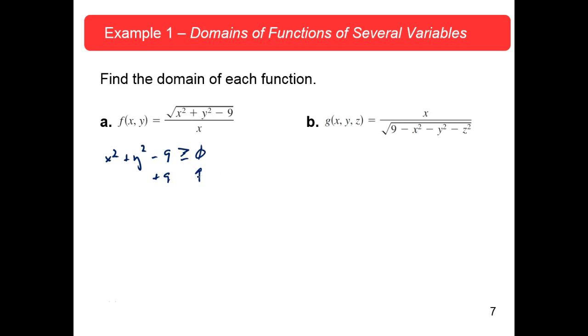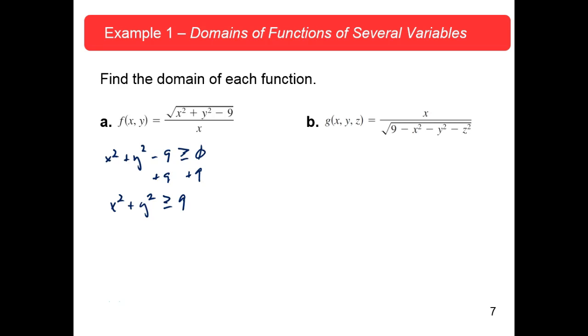I don't know if that's what we want to do, but we can do that. And that would give you x squared plus y squared is greater than or equal to 9. Now, what does that describe to you? Anything? Oh, circle, okay. It's a circle of radius 3. x squared plus y squared equals r squared. That's the circle of radius 3. So r would be 3.